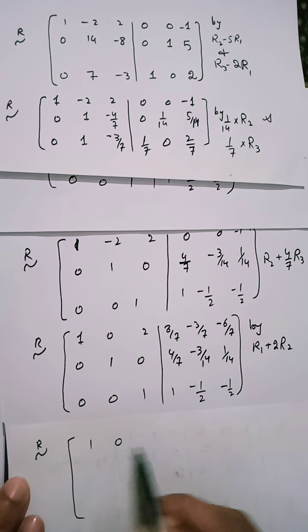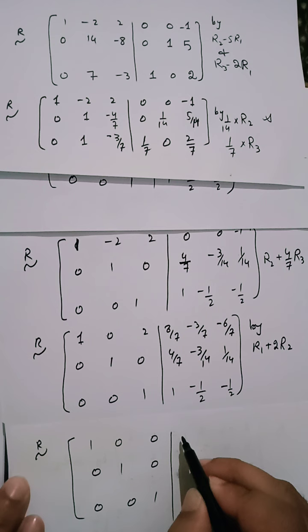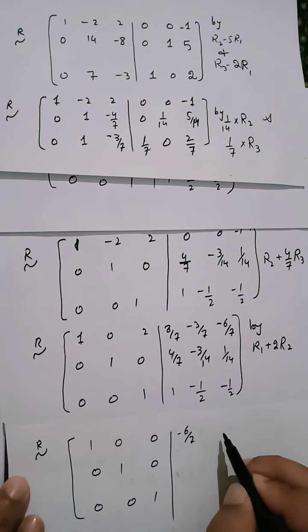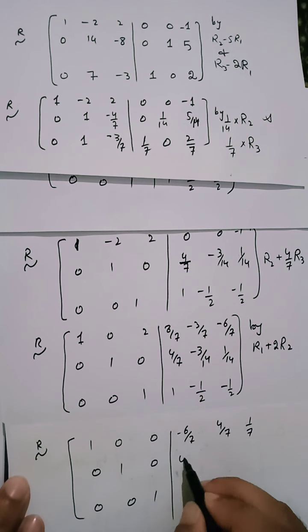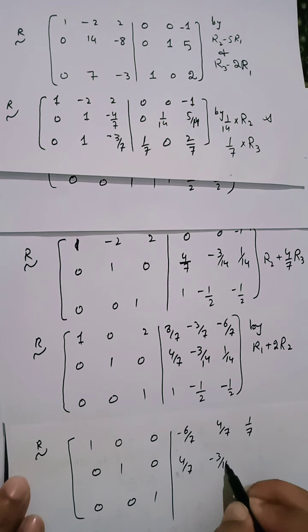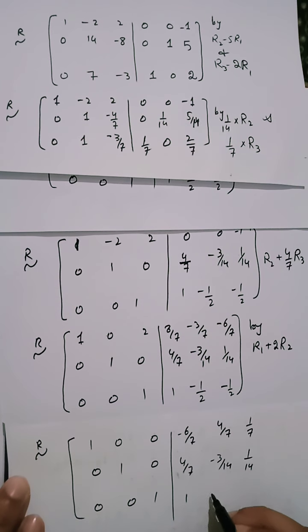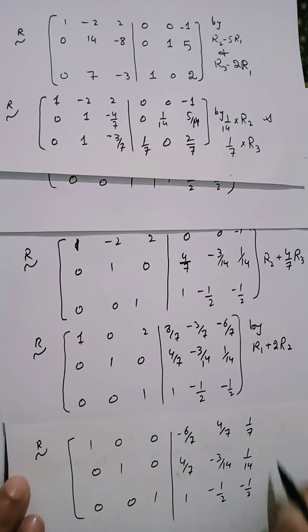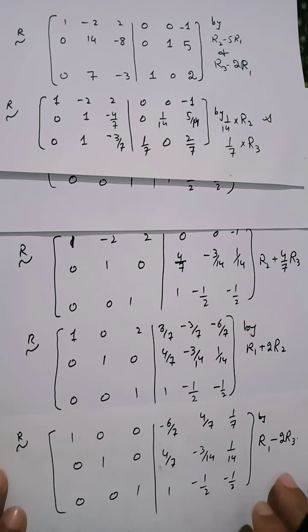So this is 1 0 0 0 1 0 0 0 1, and on the right side of the bar the matrix will be minus 6 by 7, 4 by 7, 1 by 7, 4 by 7 minus 3 by 14, 1 by 14, 1 minus 1 by 2 and minus 1 by 2. The row operation here is R1 minus 2 times R3.